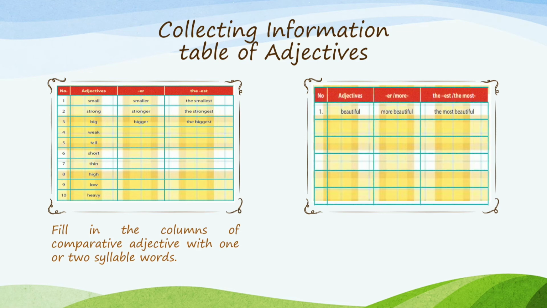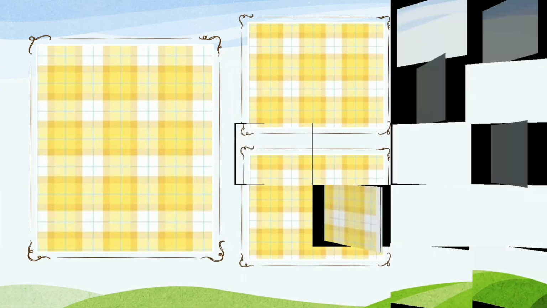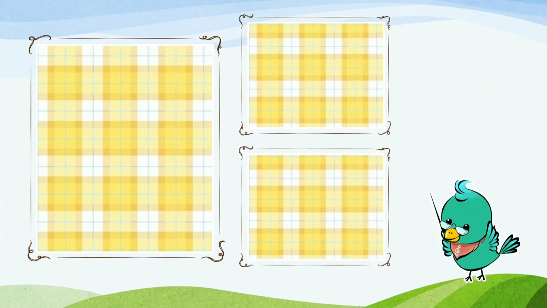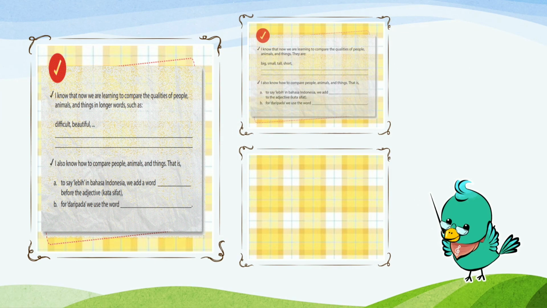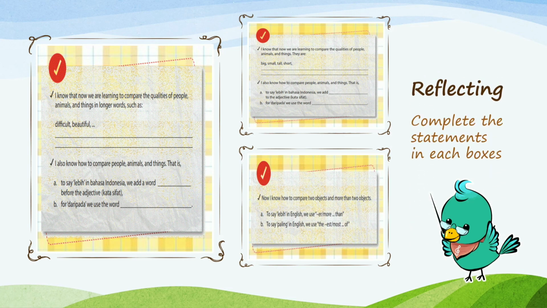The second table, you are going to fill in the columns of comparative adjective with long adjective words of 2 or more syllables. And here are the reflections of our lessons today. Complete the statement in each boxes.